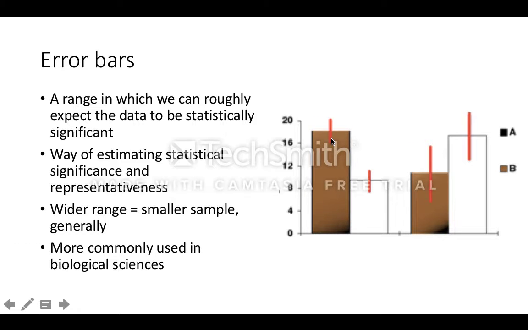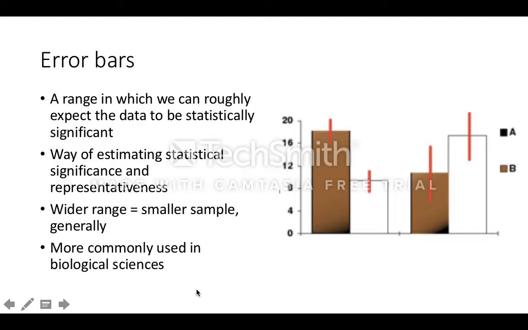And the error bar is telling us that as long as the value we got as a result is between 16 and 20, we can reasonably assume that it's statistically significant and representative of the population.